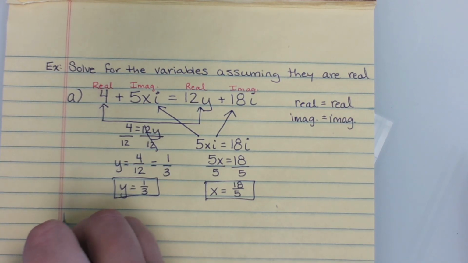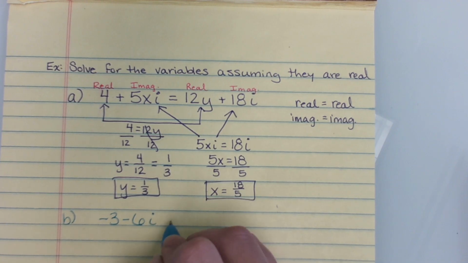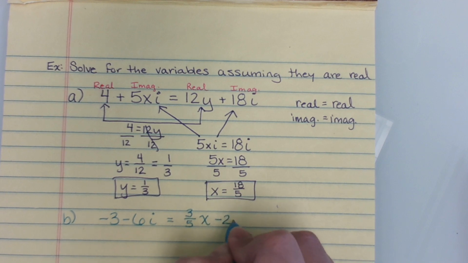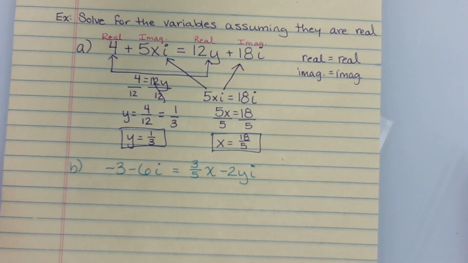Let's try one more. Complex number equal to complex number.